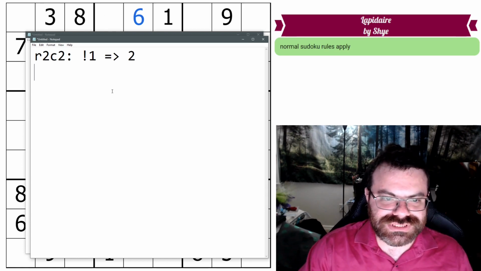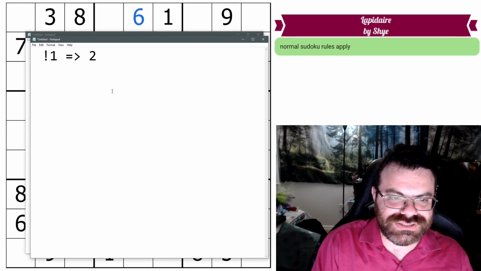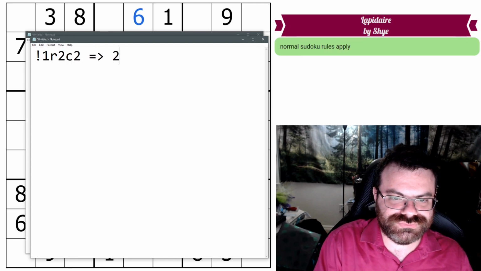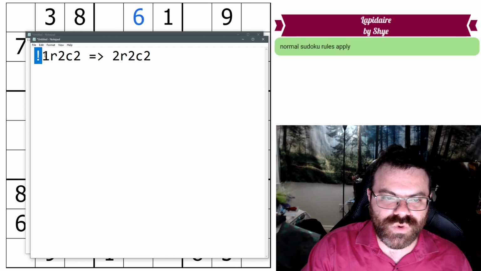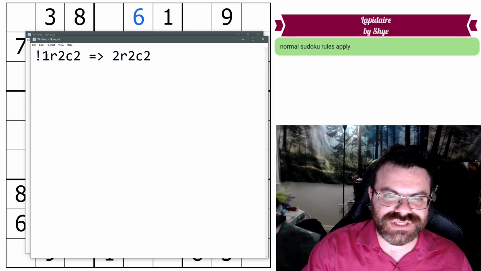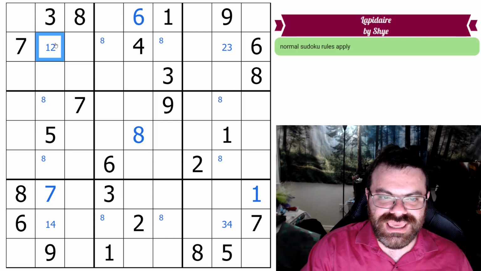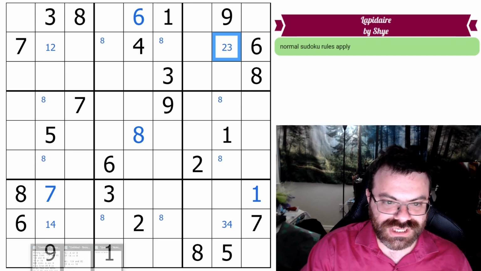So now what we can do is use a better terminology here. What this means is if 1 is not in row 2, column 2, that implies that 2 is in row 2, column 2. And that's because I have a strong link between the 1 and the 2. Now we can say if 2, then not 2 in row 2, column 8.